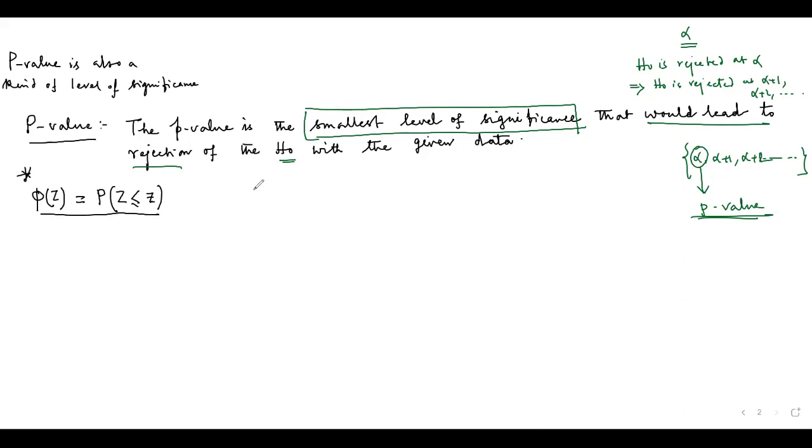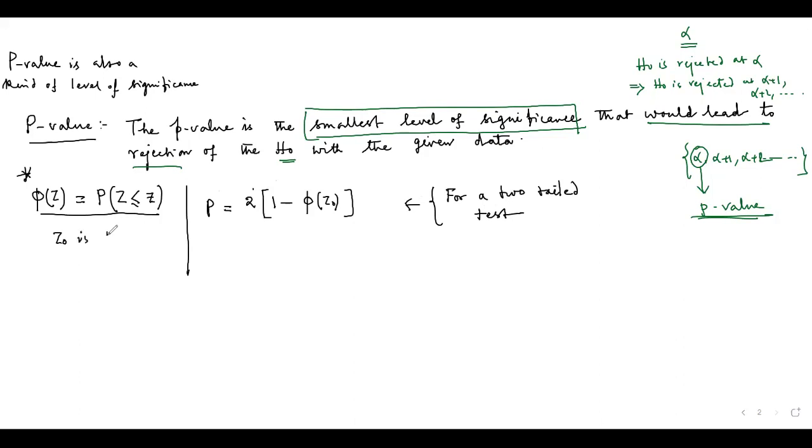Now, if your test is two-tailed, your p-value is denoted by 2 into 1 minus phi of z naught. This is the formula, where z naught is the calculated value of z. This formula will be used if your test is two-tailed.